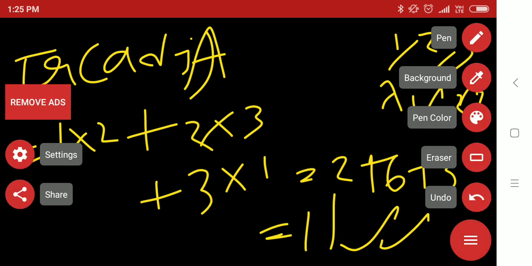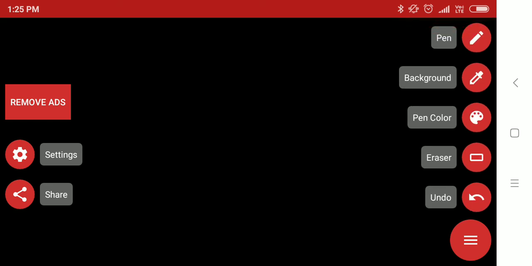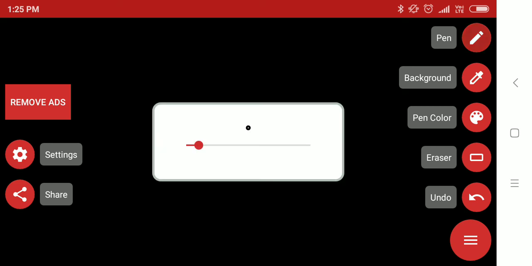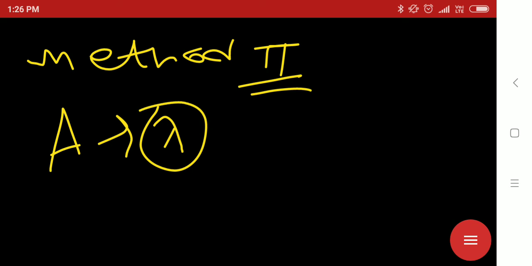By method 2, there is another method of obtaining the eigenvalues. So what is method 2? For a matrix A, the eigenvalue is lambda.